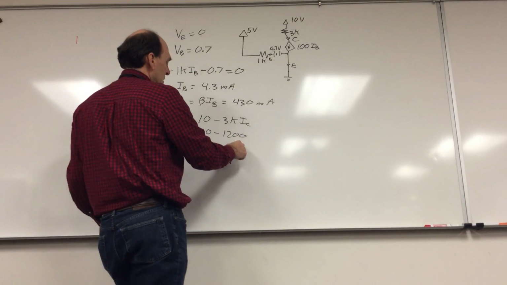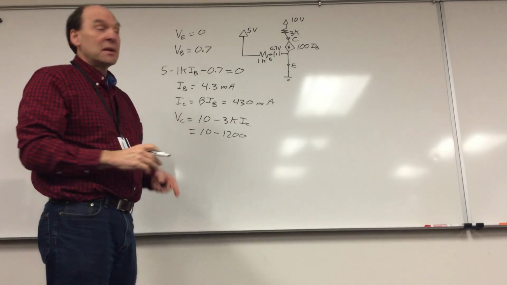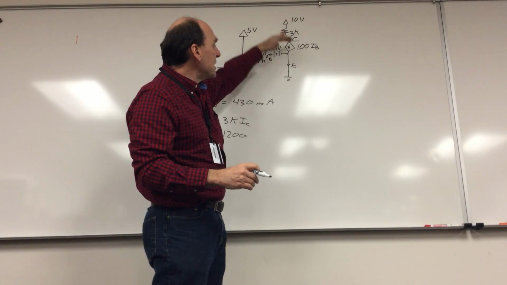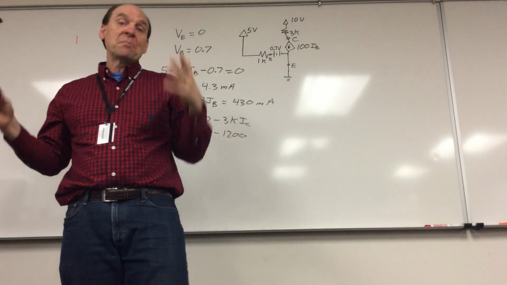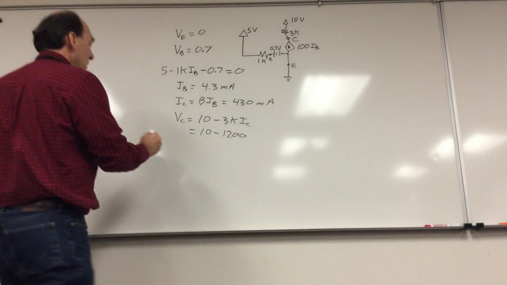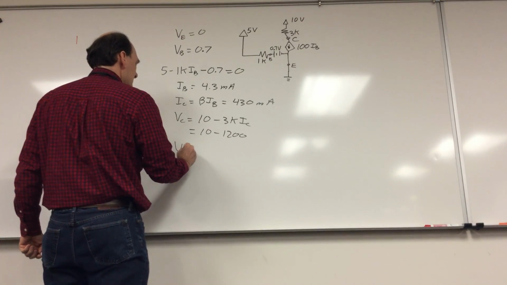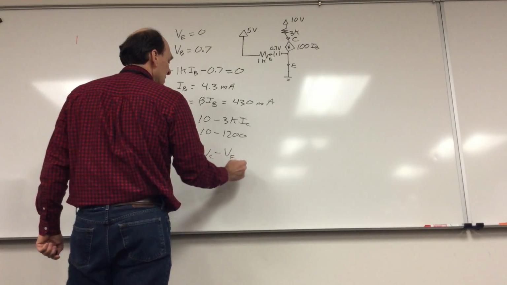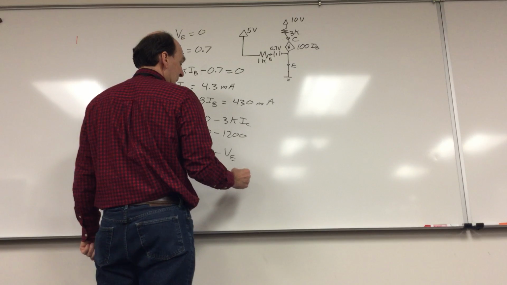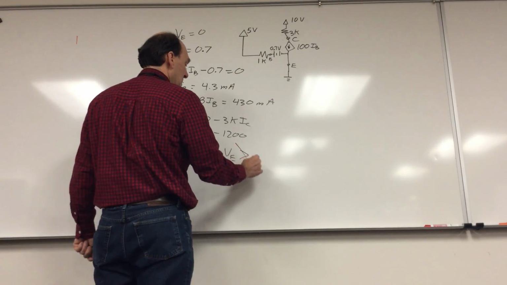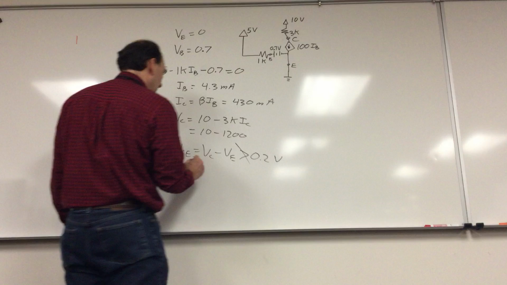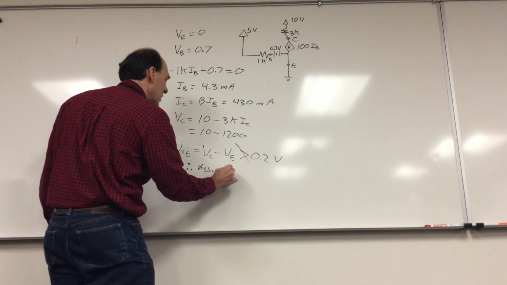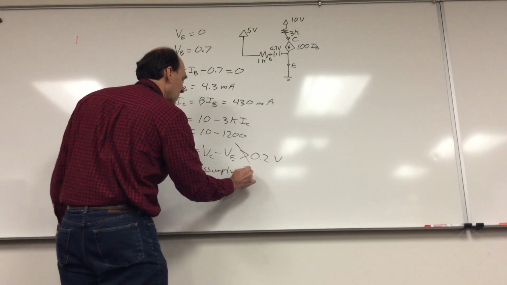That's approximate, so this is a big negative number. Now remember, in order to be in saturation, VCE must be bigger than 0.2 volts. Clearly, VCE, which is VC minus VE, is not bigger than 0.2 volts. Therefore, the assumption of active mode is incorrect.